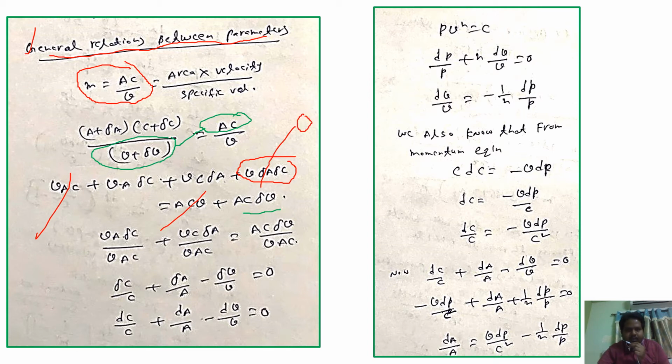So the remaining terms are VA delta C, VC delta A and AC delta V. Now if you divide all three terms by VAC, that is VA delta C by VAC plus VC delta A by VAC equals AC delta V divided by VAC.